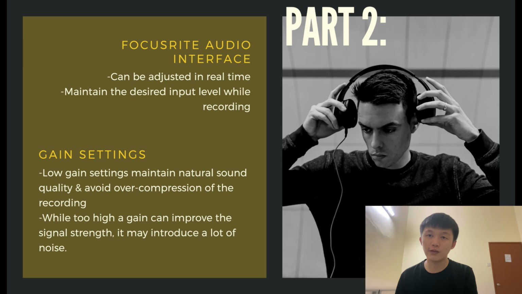In the case of the Focusrite audio interface, the gain can be adjusted in real time, allowing us to maintain the desired input level while recording. A low gain setting maintains natural sound quality and avoids over compression of the recording, while too high a gain can improve the signal strength, but it may introduce a lot of noise.